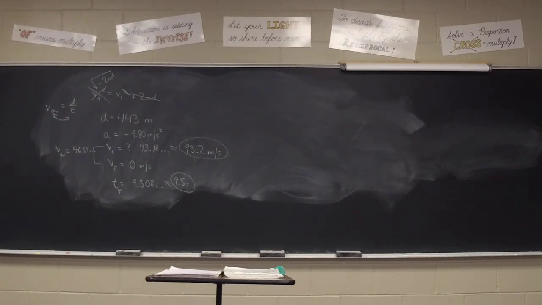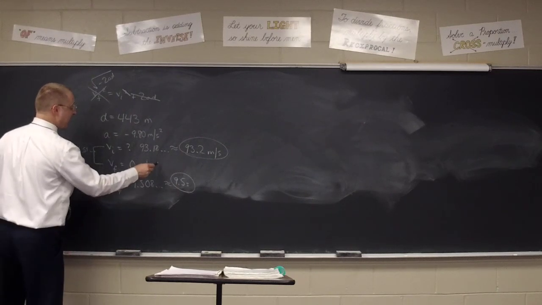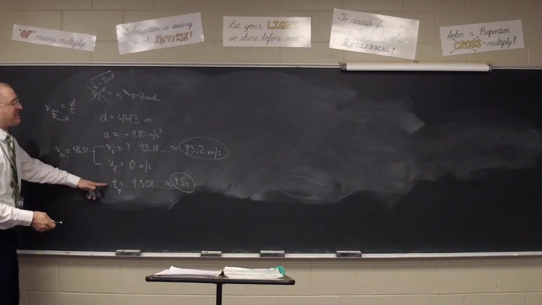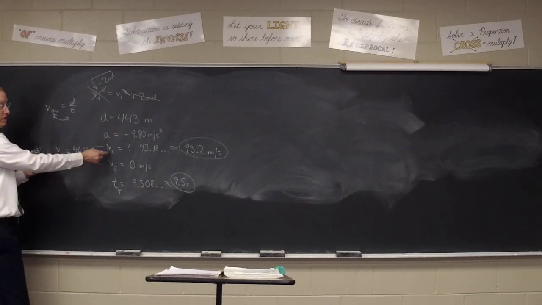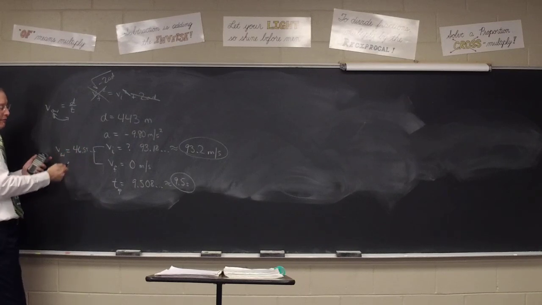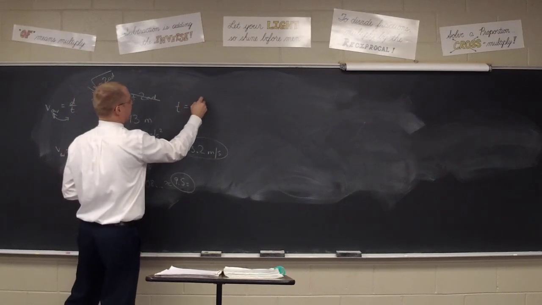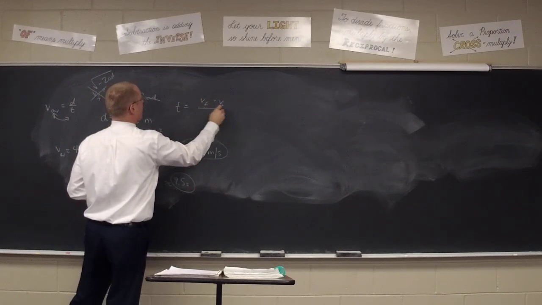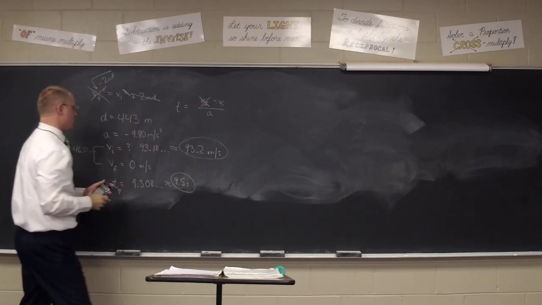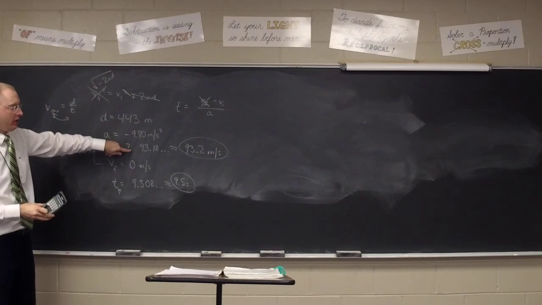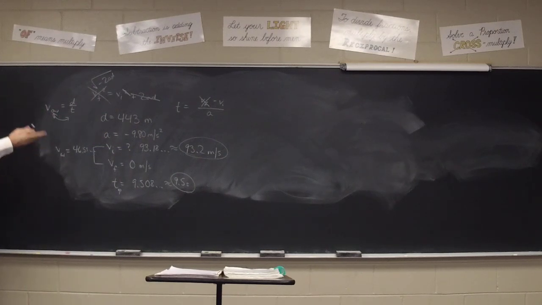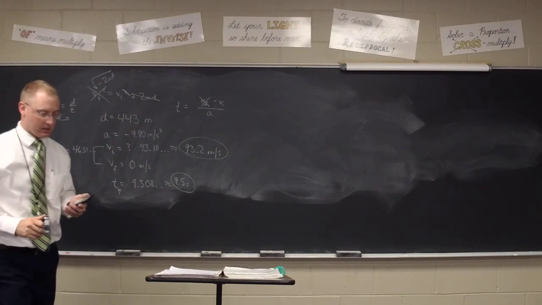The other way we could have done it, because we can solve for time, is using the acceleration equation. Time is final minus initial over the acceleration. So take negative whatever was on the calculator and divide by negative 9.8, and that would have gotten us the same answer of 9.5 seconds.